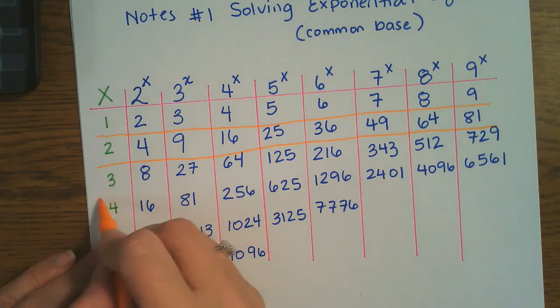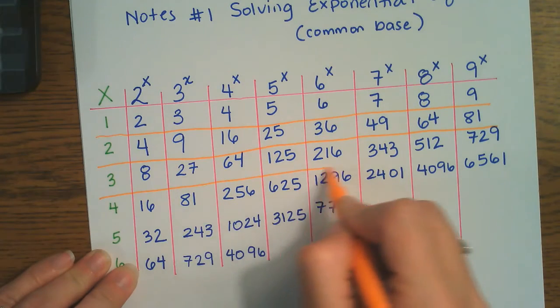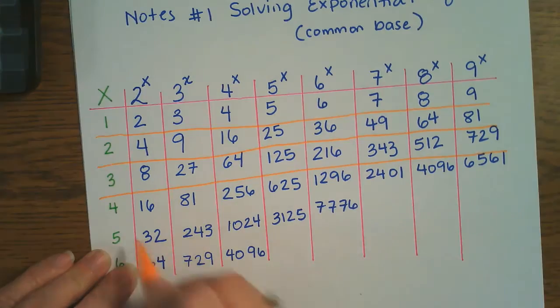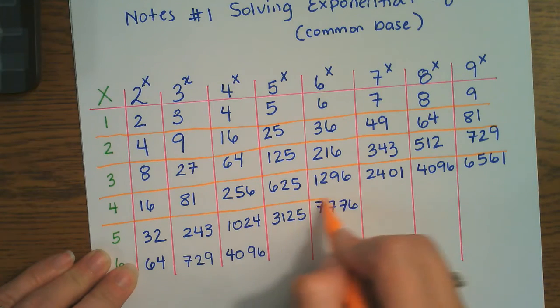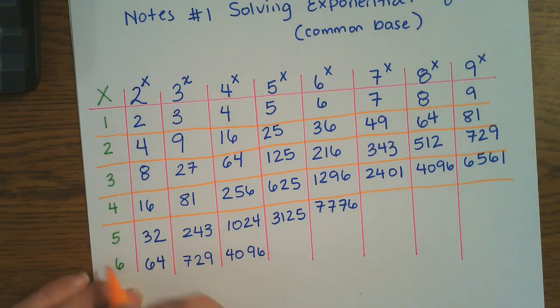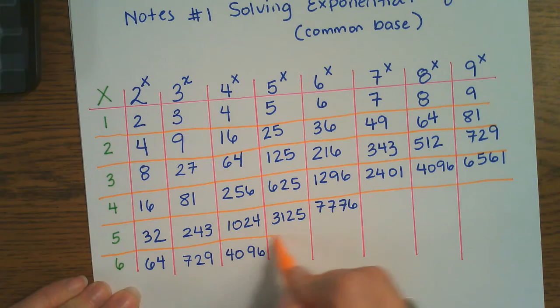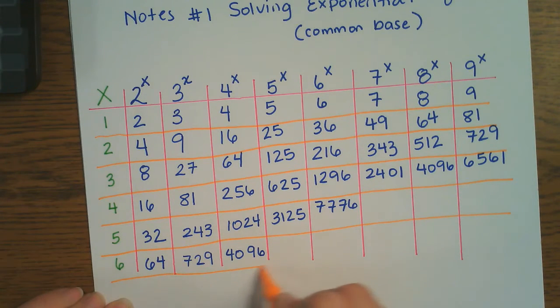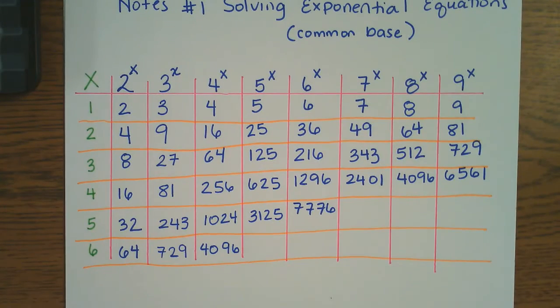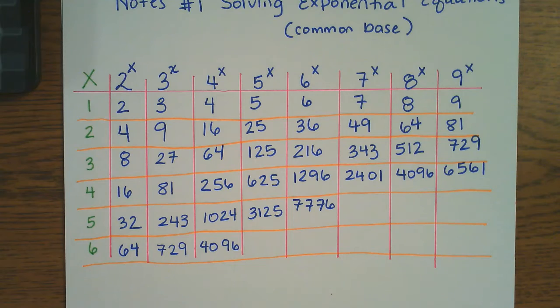Just messed up my beautiful chart. I mean, you certainly could fill in all those boxes if you felt the need, but I don't think that we'll need that. All right, I'll show you what we're going to do with this in just a little bit.